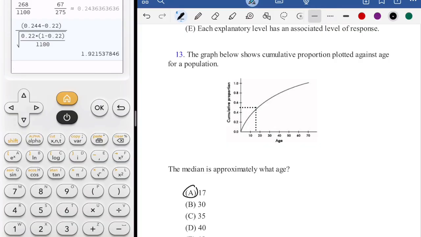There's nothing close to A, so we would select that. A cumulative proportion is, in many cases, thought of the same way as a percentile rank or percentile value. So you can just look for that 0.5 and be done with it. All right, so that's not too bad a one.